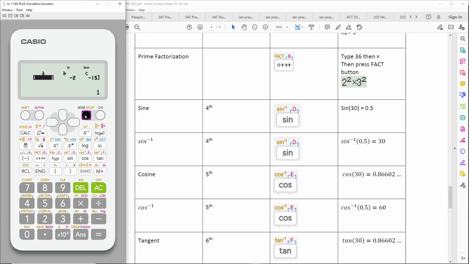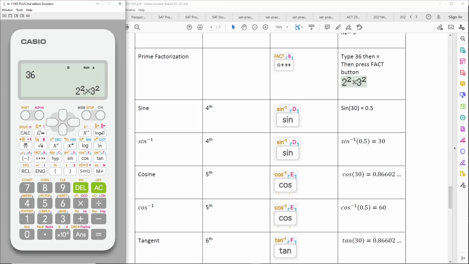I can change my mode back to 1. So on this calculator, you can also do prime factorization. I type in the number 36 and press equal, and do shift and then this button for FACT. So it breaks down to 2 squared times 3 squared.